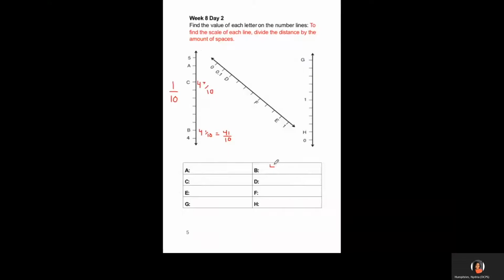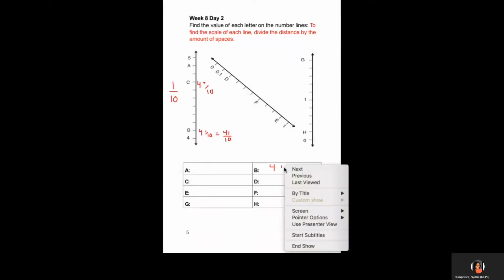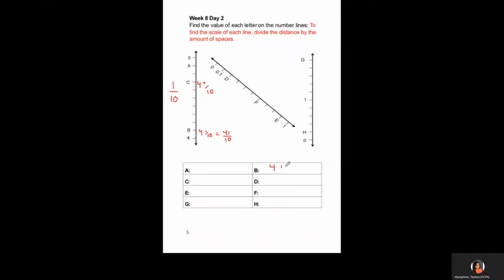B is 4 and 1/10, and C is 4 and 7/10. And so A is 8/10, 9/10, 4 and 9/10. Let's just put 4 and 9/10 here.